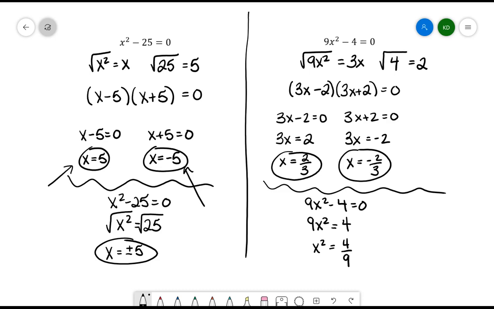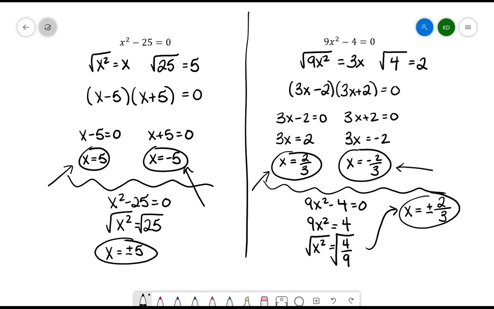Just like before, I need to take the square root of both sides, but what I need to remember is that when I take the square root, I need to consider both the positive and the negative answer. So on the left side, I get x. But on the right side, I have to take the square root of both the numerator and the denominator and consider the fact that it's going to be positive and negative. So the square root of positive 4 is 2, and the square root of 9 is 3. And what we get there is x equals positive or negative 2/3, which is exactly what we got last time.